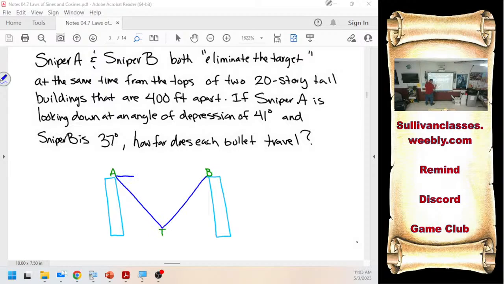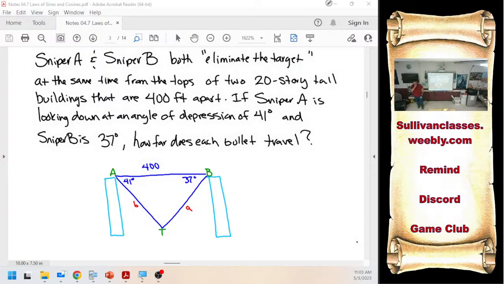That just doesn't mean that they're exactly the same distance from him. But we know that they are 400 feet apart. We know that this guy's looking down at 41 degrees and this guy's looking down at 37 degrees. I want to know how far this traveled and how far this traveled.